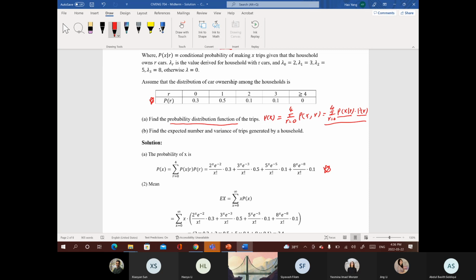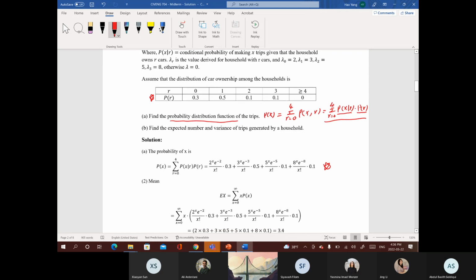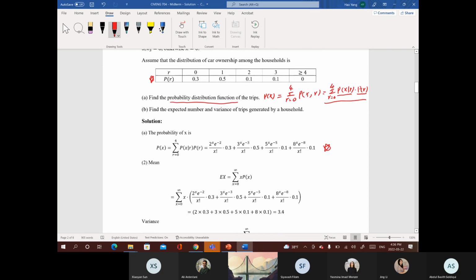But I value the effort to try to find the probability. Basically, for this problem, just try to remember the relationship between the joint probability and the conditional probability. So that's the first question. It's quite simple.